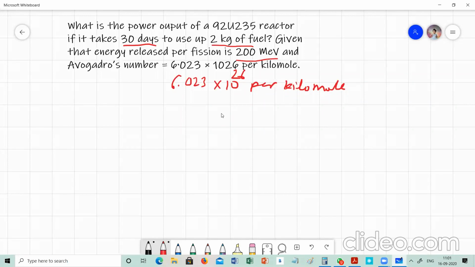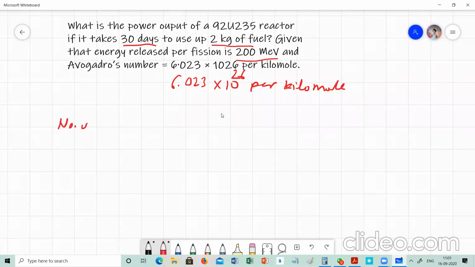When we multiply this number by the total number of atoms that undergo fission reaction, we will get the total energy released. So first we have to calculate how many atoms undergo fission reaction in 30 days.